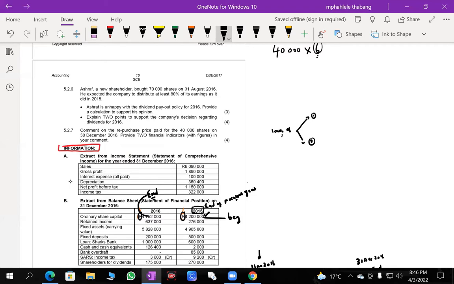The lower of the average share price and the share buyback price. We take the smaller of those two.